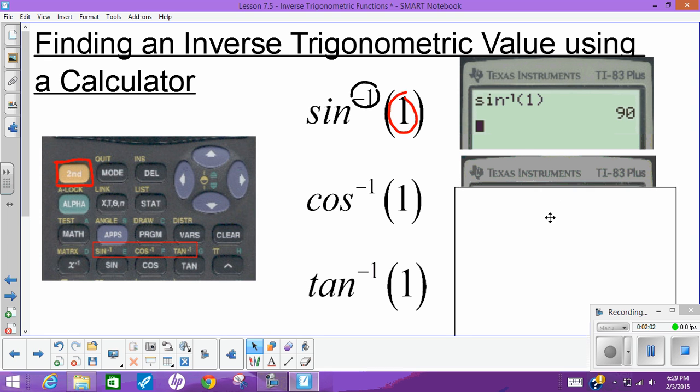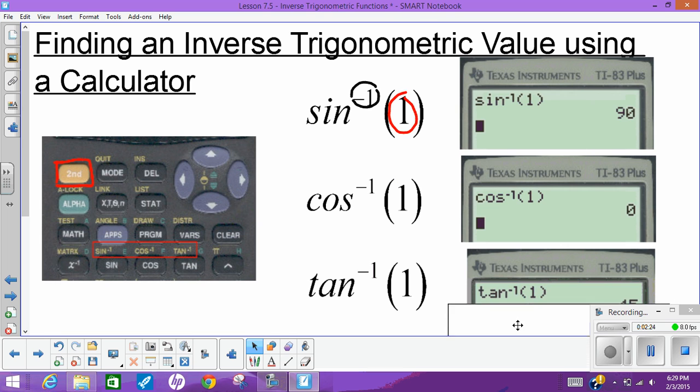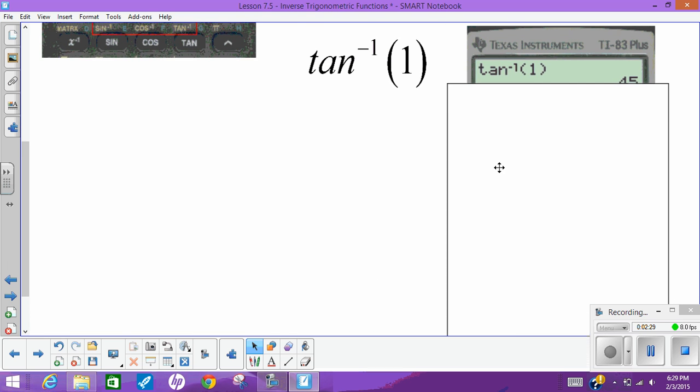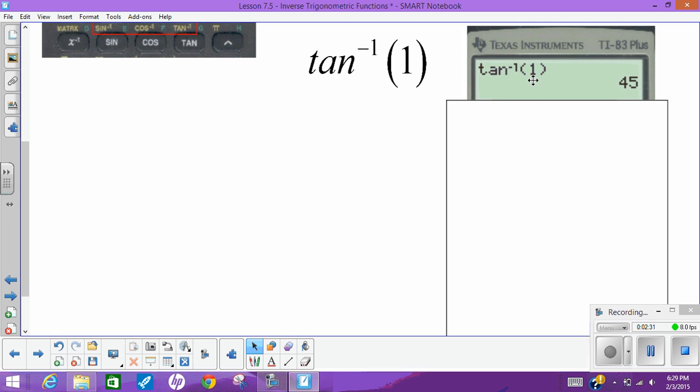Similarly, we can do that with cosine. If I take the cosine of some angle and it equals 1, then that means the angle was 0. So the cosine inverse of 1 gives us 0. That means that the cosine of 0 degrees is equal to 1. And tangent, if we take the tangent inverse of 1, we get 45 degrees.